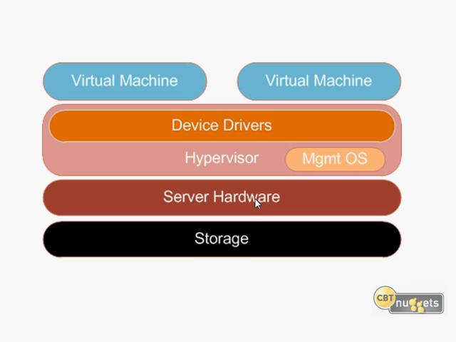That server hardware plugs into a set of storage underneath it, and the hypervisor sits on top with some management functionality, which I call an OS, and some device drivers. I have to have all these pieces in place before I can get to running those virtual machines. You've already experienced this through the series of nuggets it's taken to get us this far.